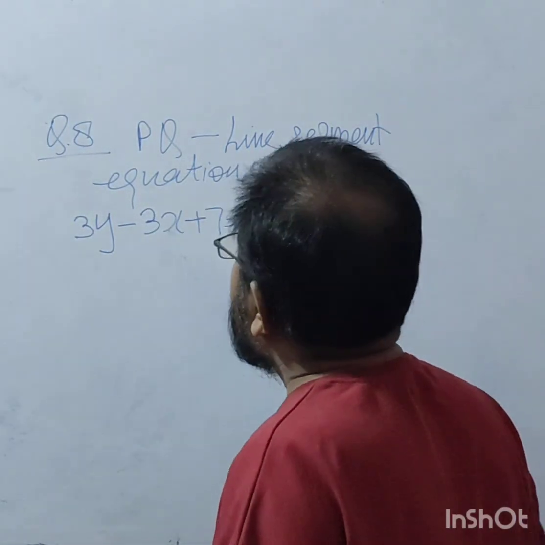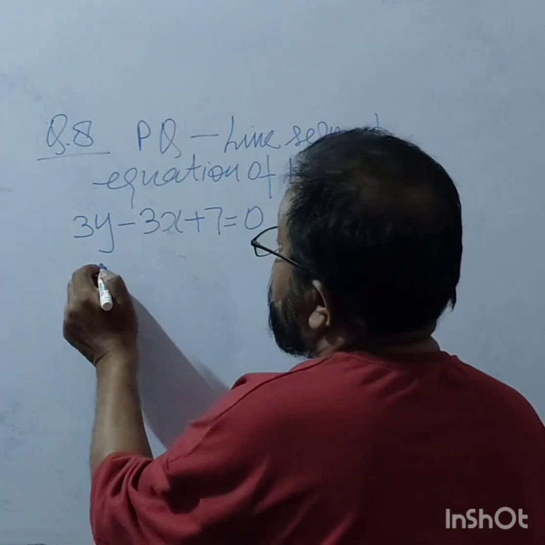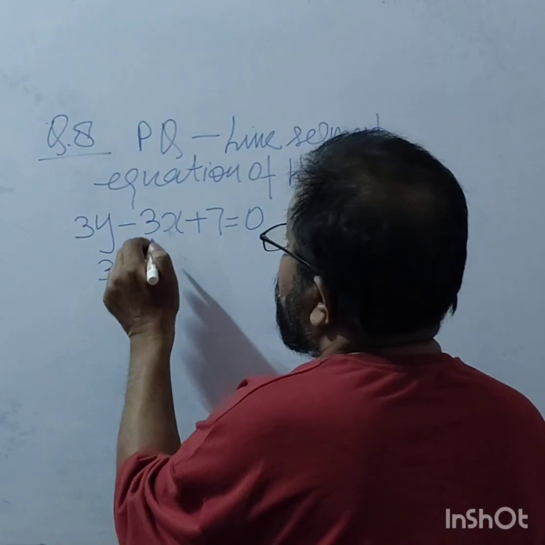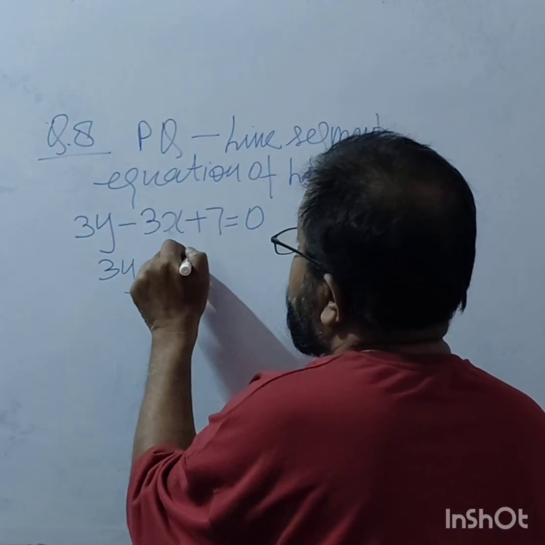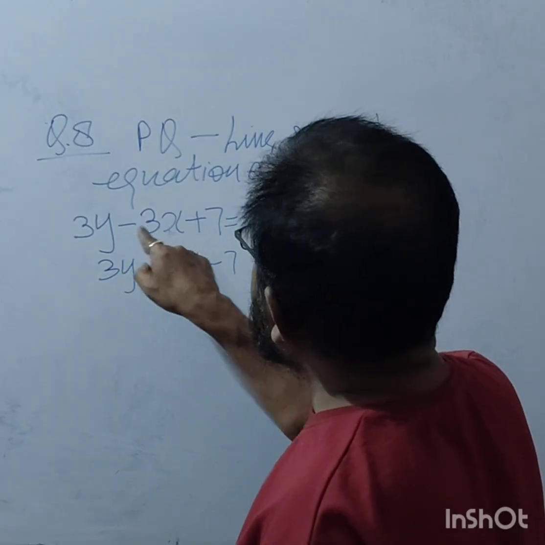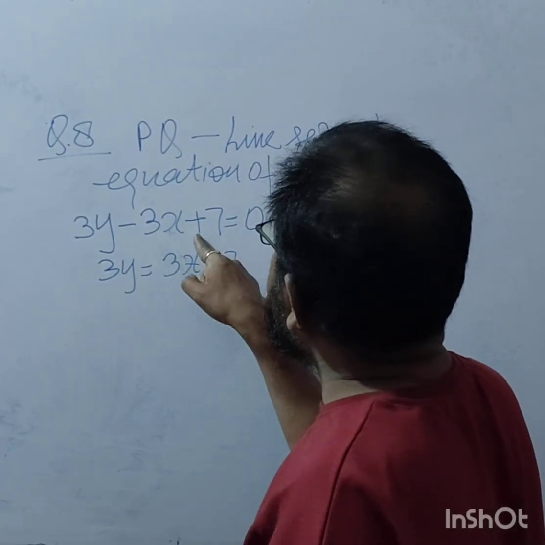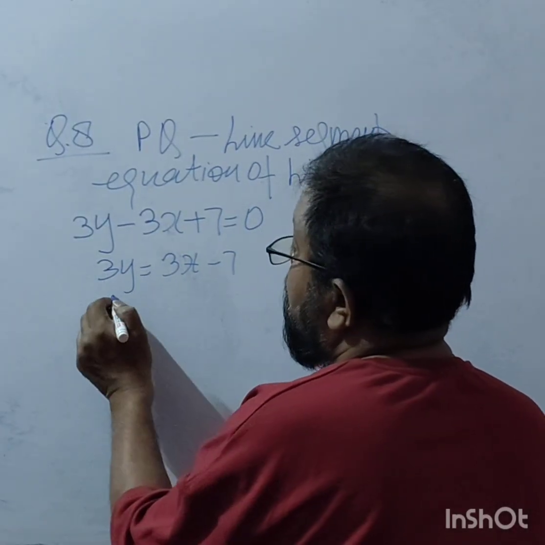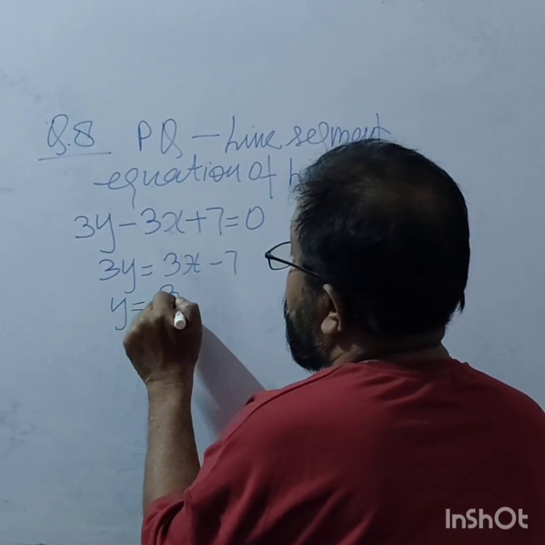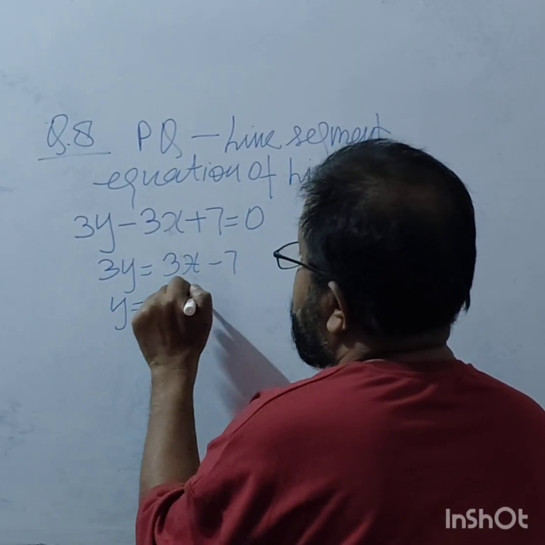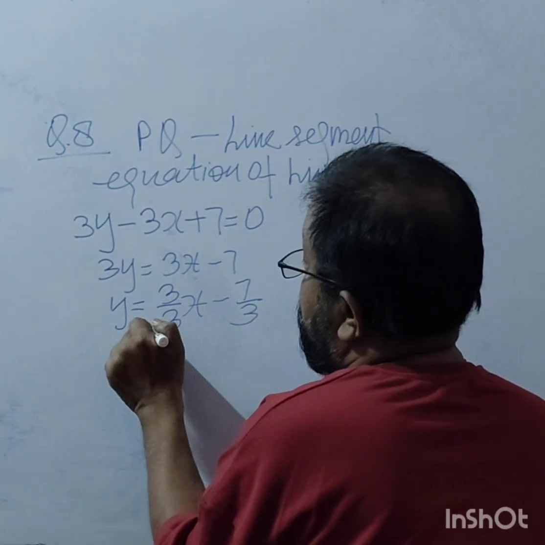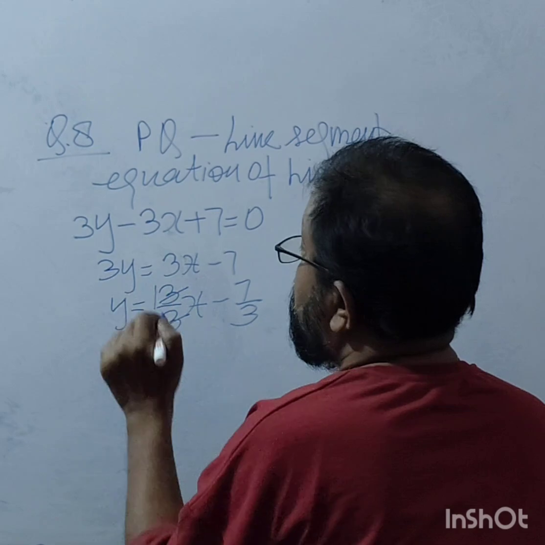Write down the slope. Okay, so we bring this on the other side. So 3y is equal to 3x minus 7. This turns to be plus, this turns to be minus, and 3 comes here. So y is equal to 3 upon 3 x minus 7 upon 3. So 3 divided by 3 becomes 1.